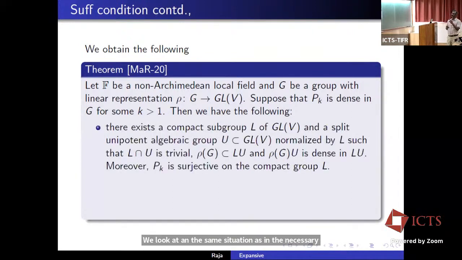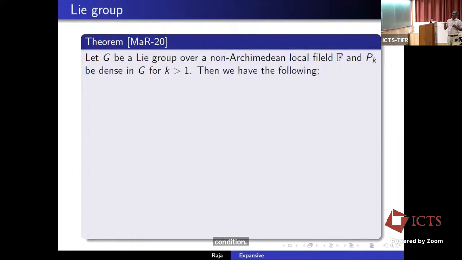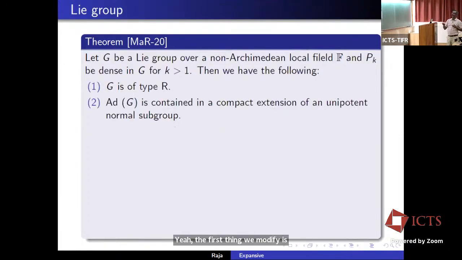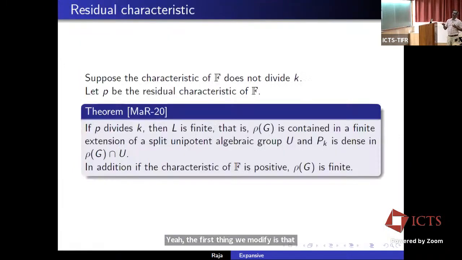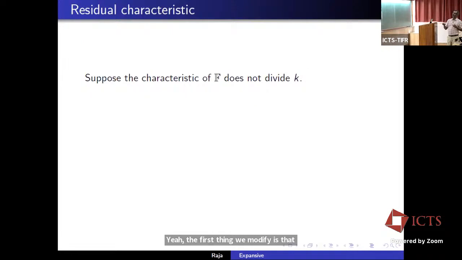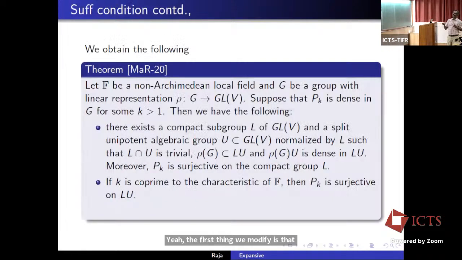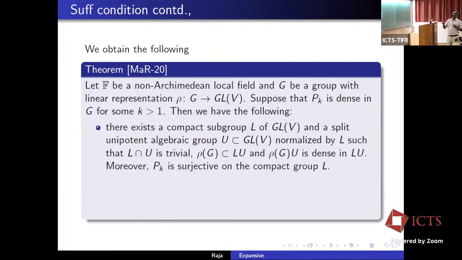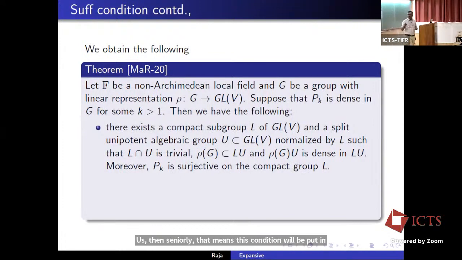Here, the first thing we modify is that we assume that rho G is contained in LU, and further we assume rho G U is dense in LU. That means this condition will be put in: L is the closure of rho G.